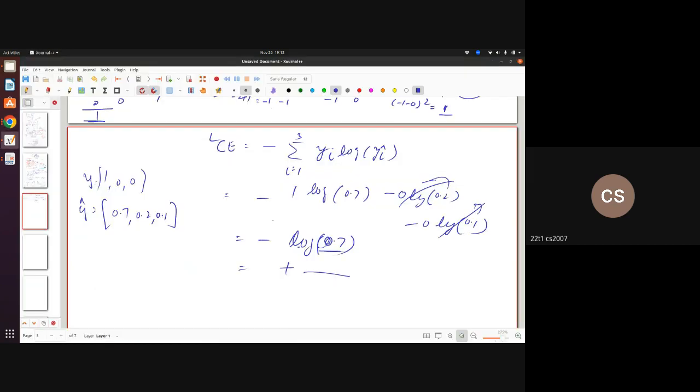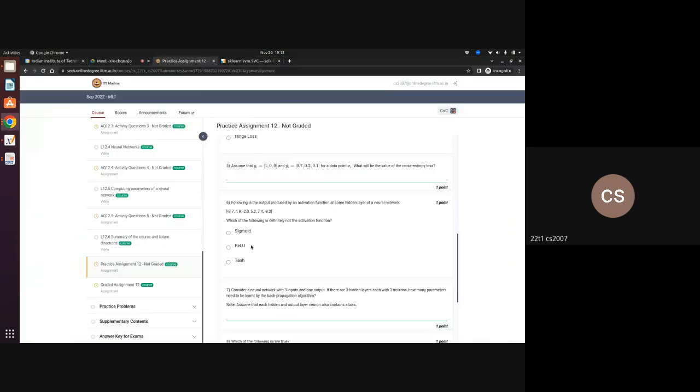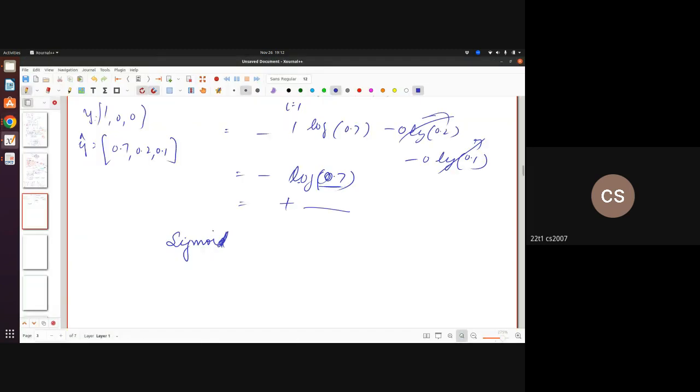Okay, sigmoid we know, right? What is the range of the output that we get from sigmoid? Can anybody tell me? 0 to 1, right?